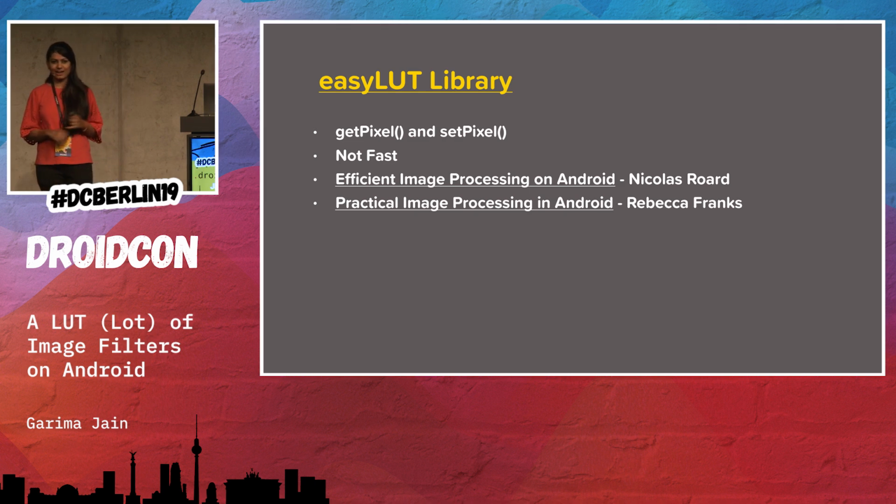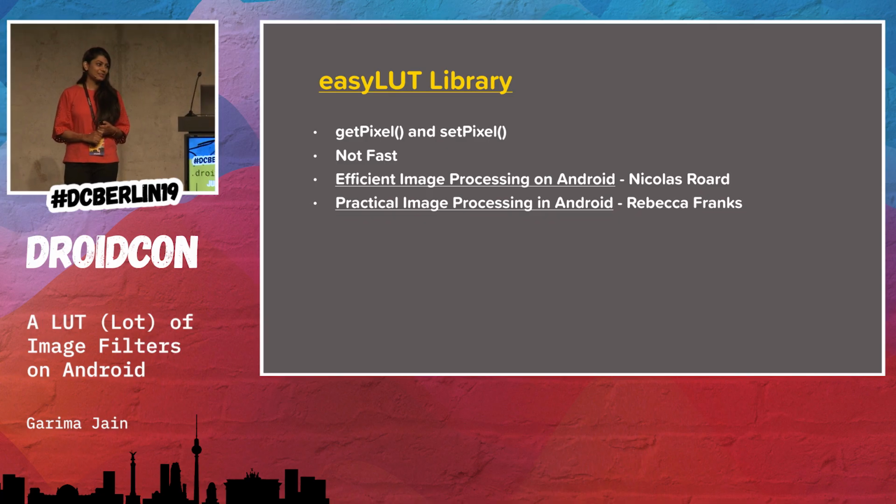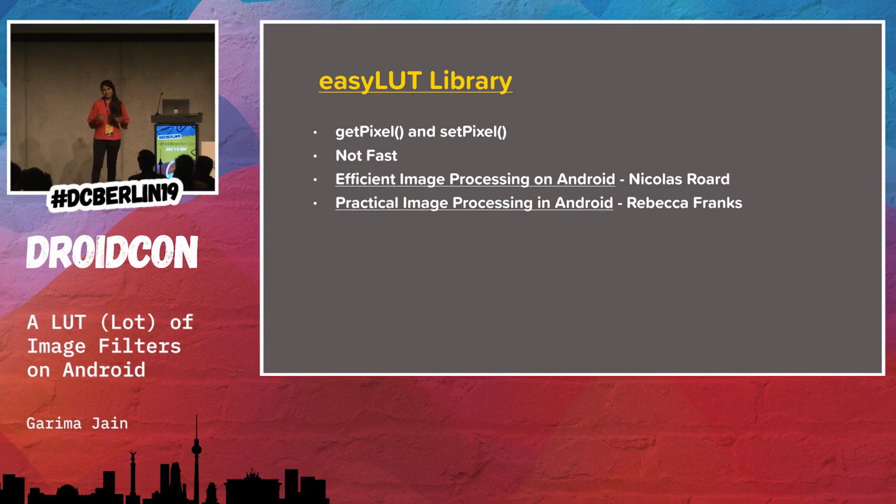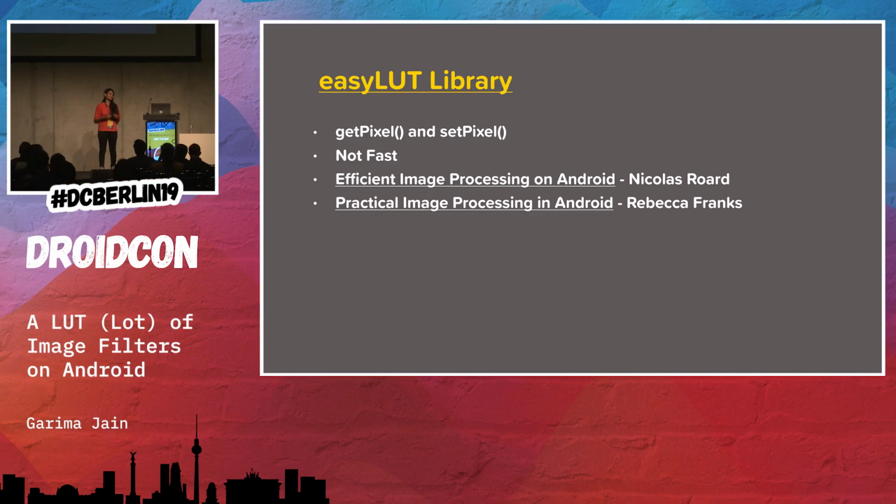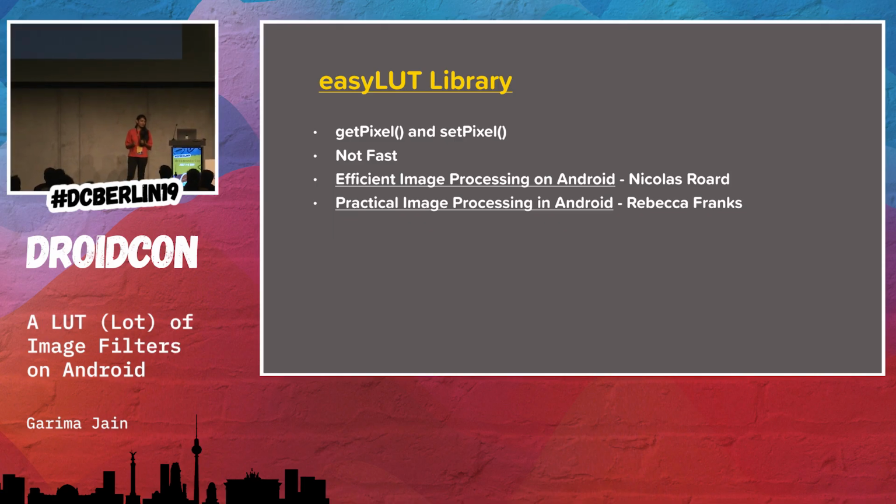And I had not seen these talks. These are very good talks, which if you're starting to work with image processing, I recommend watching, so you will not repeat the same mistake that I did of being so naive and trusting a library which uses getPixel and setPixel, because this works on CPU and it is not that fast. Gradle builds might be faster than this.